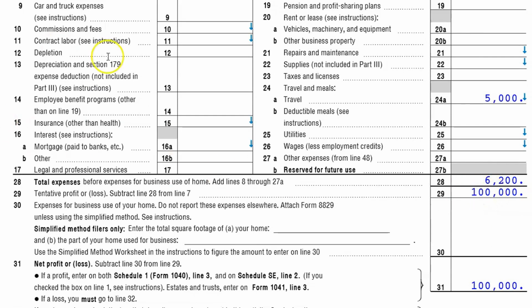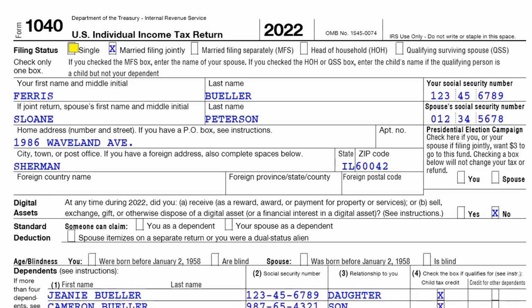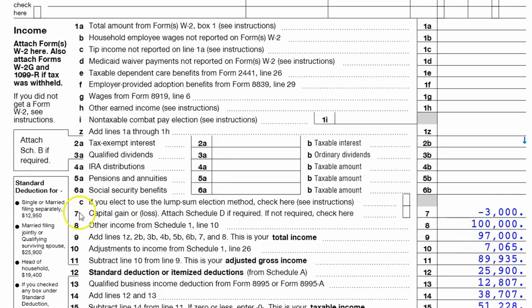And this gets flowed through on their personal return, and it shows up here on line 8, other income. Now, let's say that Schedule C didn't exist, and they each get the K1s.